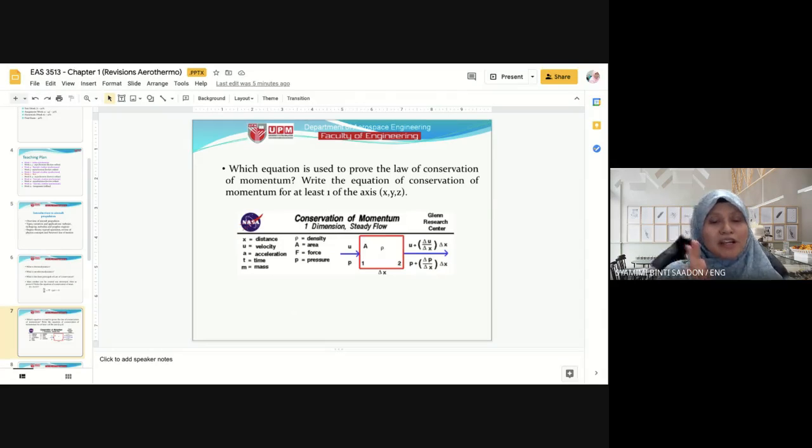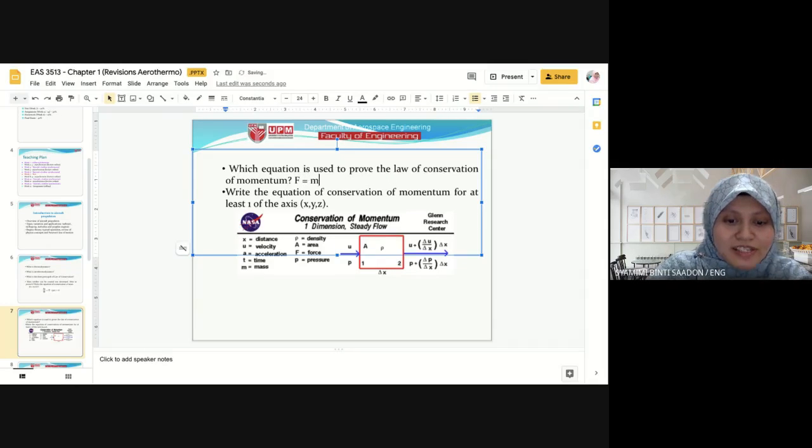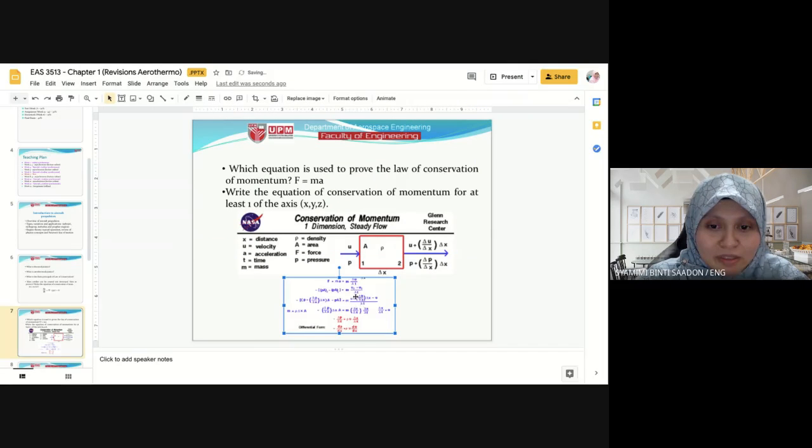Pressure over area. Check again. So PA. So the sum of F equals to this one.